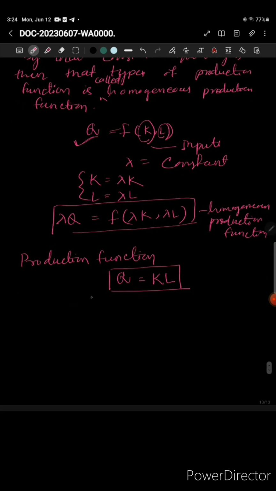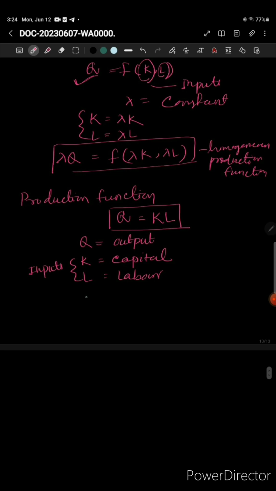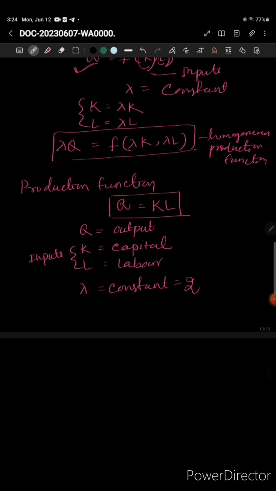So here you can write Q equals output, K and L are the inputs, K equals capital, L equals labor, and we have to increase the inputs by 2 times. So lambda, the constant, is equal to 2.